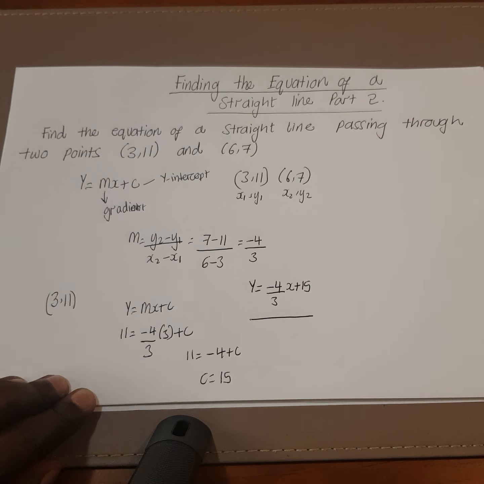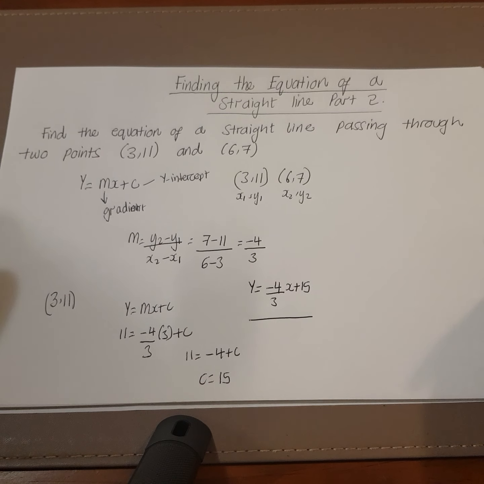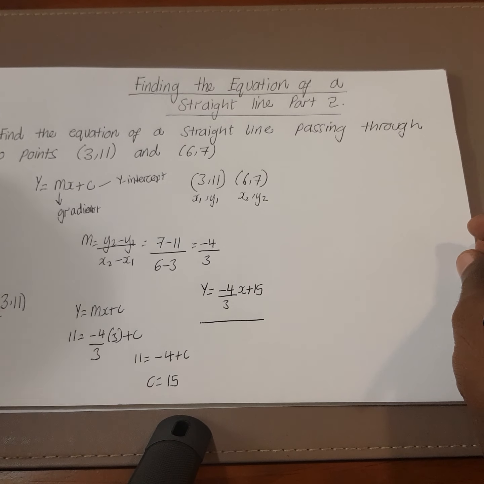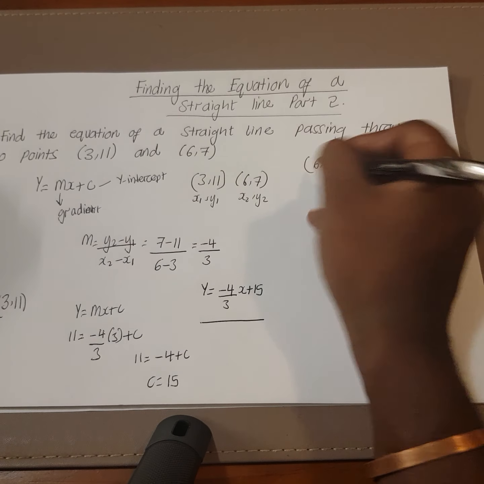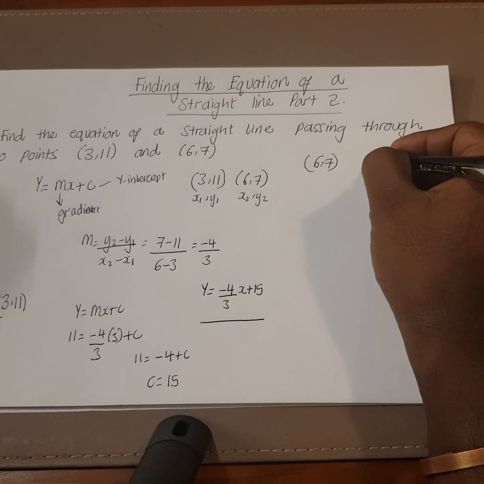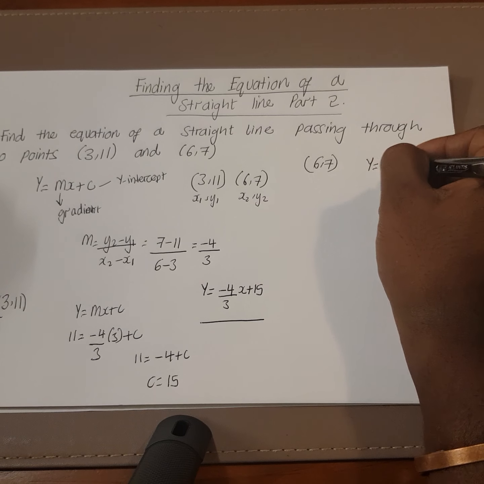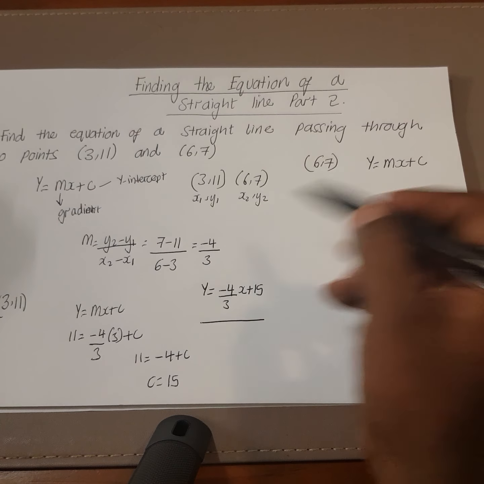Let me now show you that if I use 6, 7, we're going to get the same answer. I'll put 6, 7 just to show you the equation of a line passing through this point. We put y equals mx plus c. In place of y, we're going to put 7. In place of x, we're going to put 6. And in place of m, we're going to put negative 4 over 3.